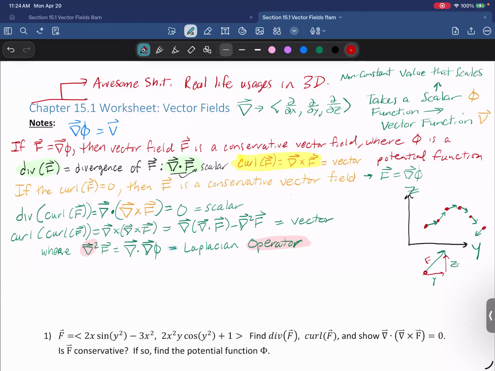And that's where we had curl on the inside. Now let's have div f on the inside. And we've got two ways that can happen. We could take the divergence of it or the curl of it.